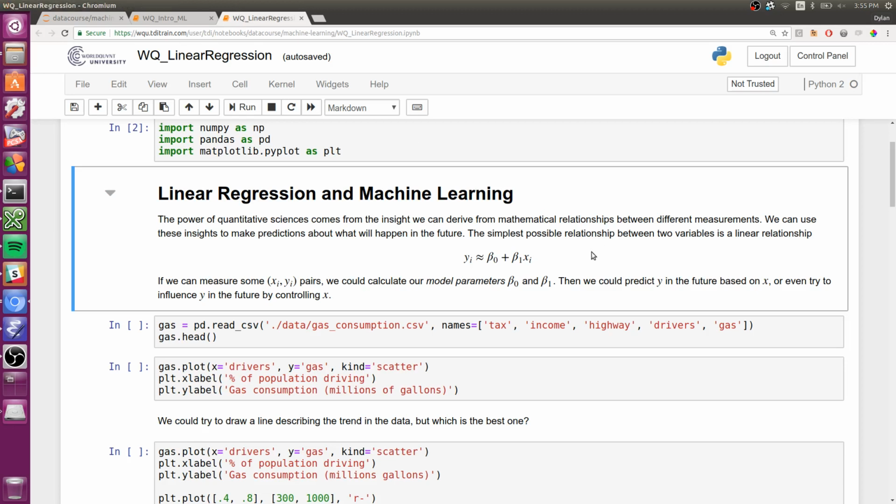In the case of linear regression, what we mean when we say we're going to fit the line to be as close to y as possible, it means we're going to try and minimize the sum of the square distances between the individual y's and their corresponding points on the line of best fit.